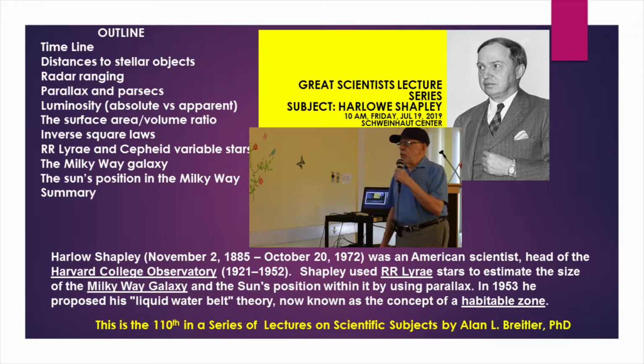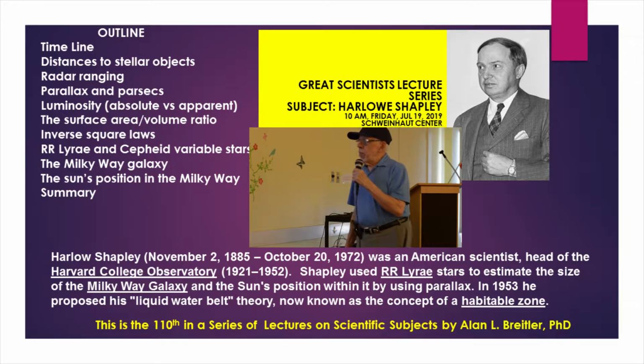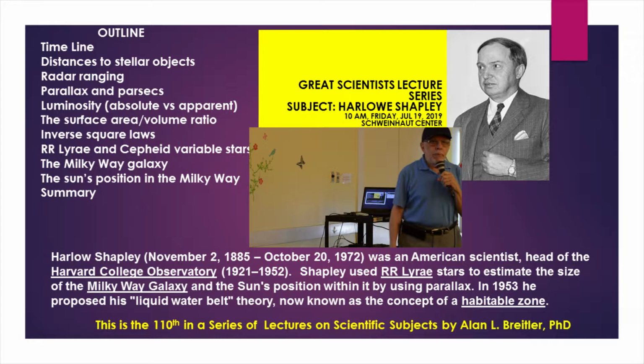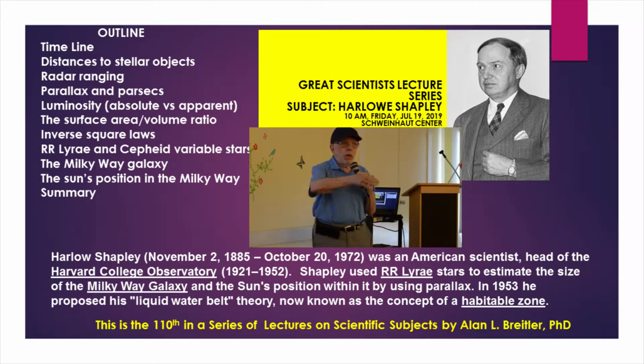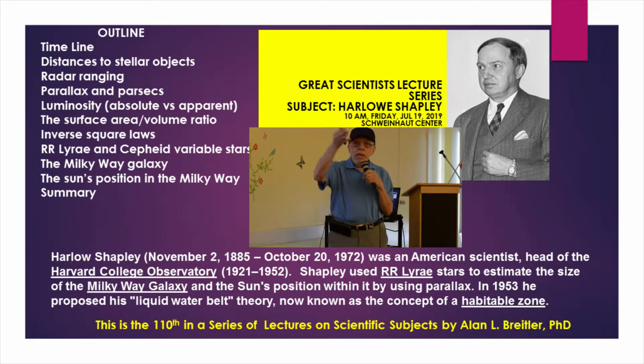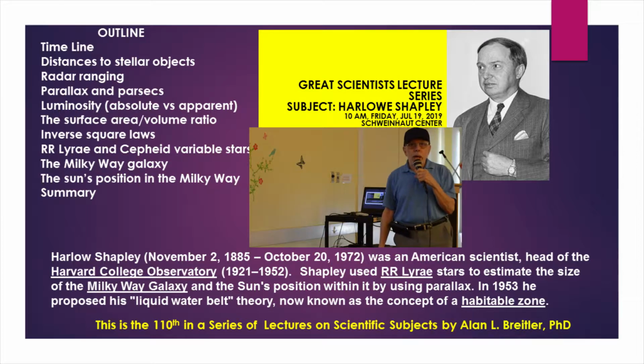He used a specific type of variable star called RR Lyrae to estimate the size of the Milky Way galaxy, and we'll go through how he determined how far away those stars were by using the relationship between the variable period, the time it took for a star to go through its complete cycle of brightening and darkening, and how that related to its absolute magnitude, to its true luminosity.